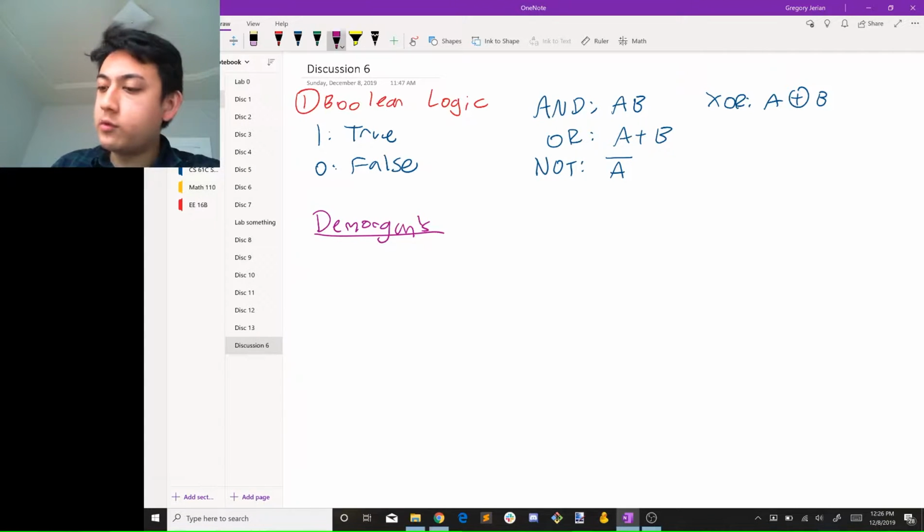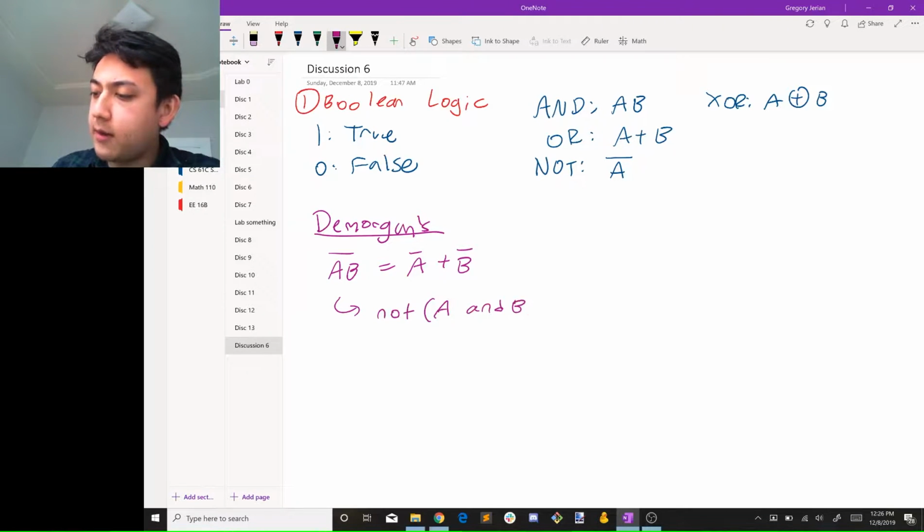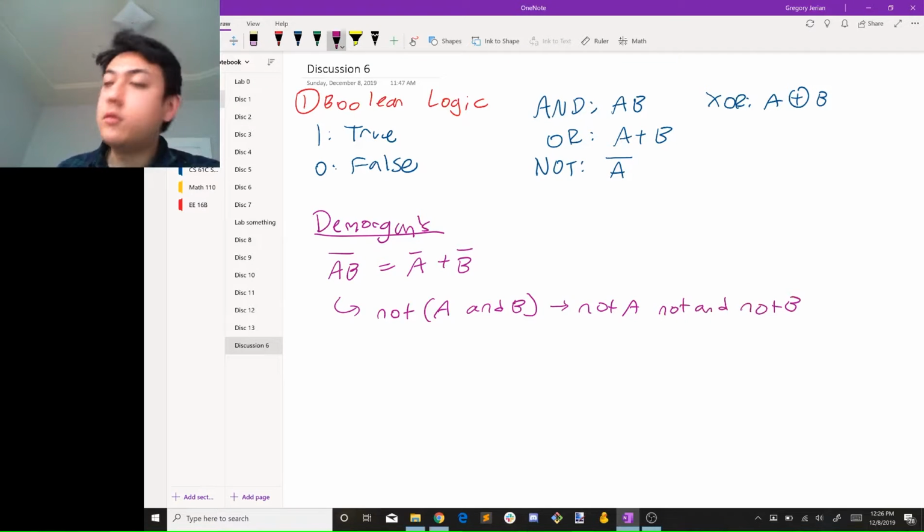De Morgan's rule basically says that not (A and B) is equal to not A or not B. Which may seem a little bit confusing, but the way I like to think about it is that not (A and B) is the same as distributing out the not, so we get not A, not and, not B. And the opposite of and is or. So this is not A or not B.